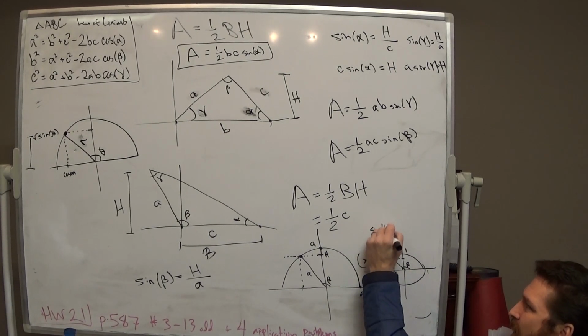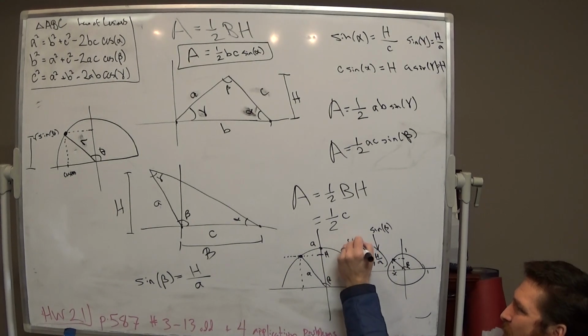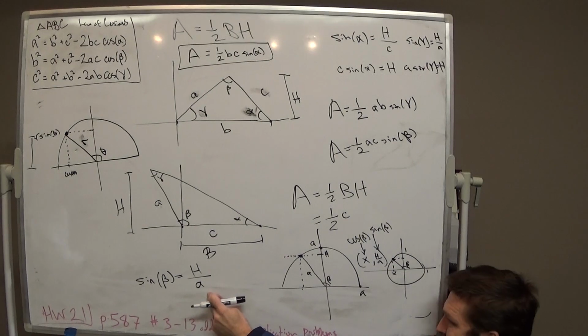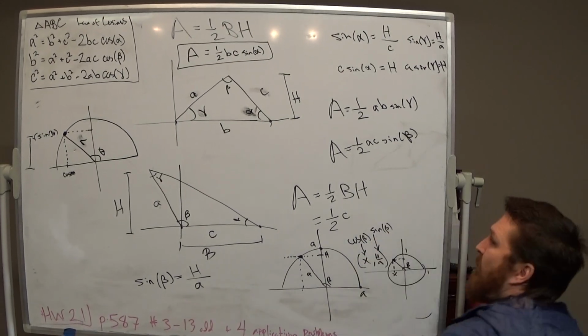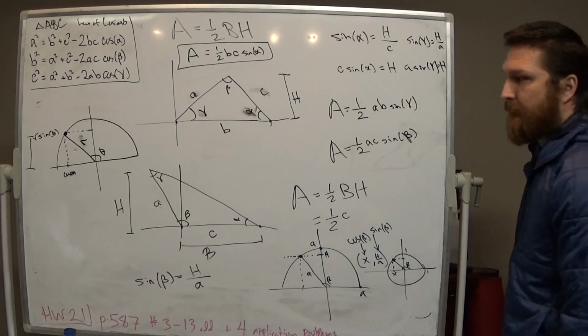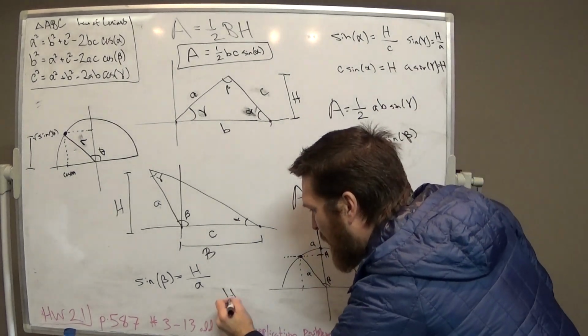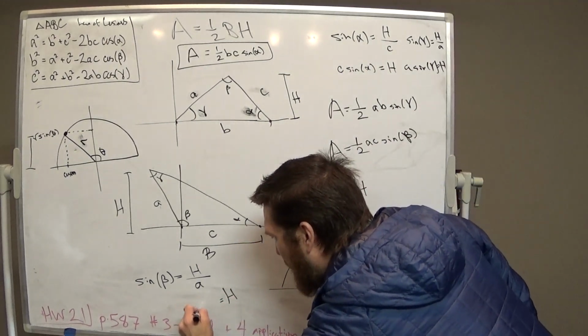That guy is sine beta. This guy is cosine beta. And so sine beta is H over A. If sine beta is H over A, then H is equal to A sine beta.